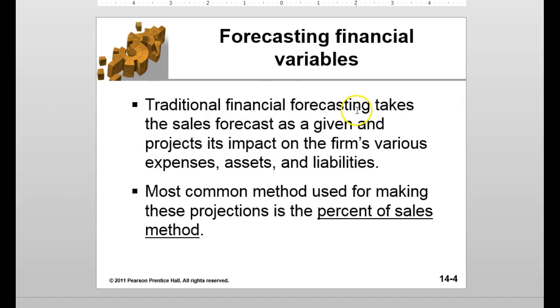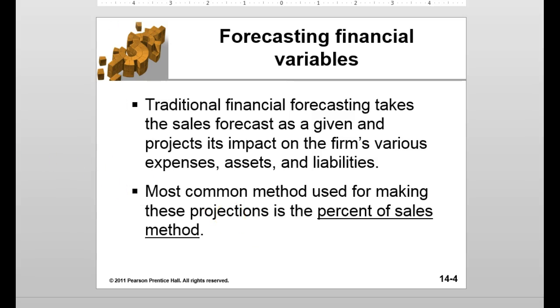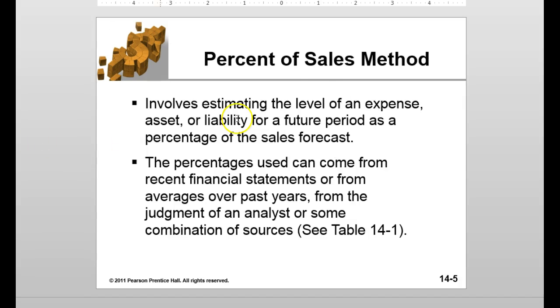So in traditional financial forecasting, we look at expenses, assets, and liabilities, and we use the percent of sales method to make projections of what the future may be. And that involves estimating the level of expenses in comparison to the projected sales.